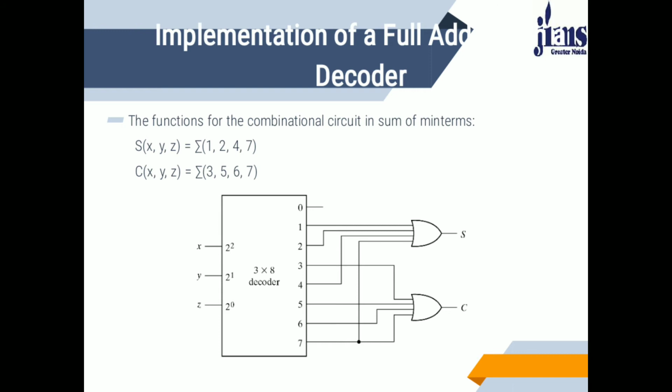Now if we want to implement a full adder using a decoder, this is a very important question, and many times it comes in the exams also. It's very easy. You just need to understand what outputs are generated in the full adder. You know how to prepare a truth table for sum and carry for a full adder. Let's suppose I am taking a truth table of A, B and C, and accordingly sum and carry are generated.